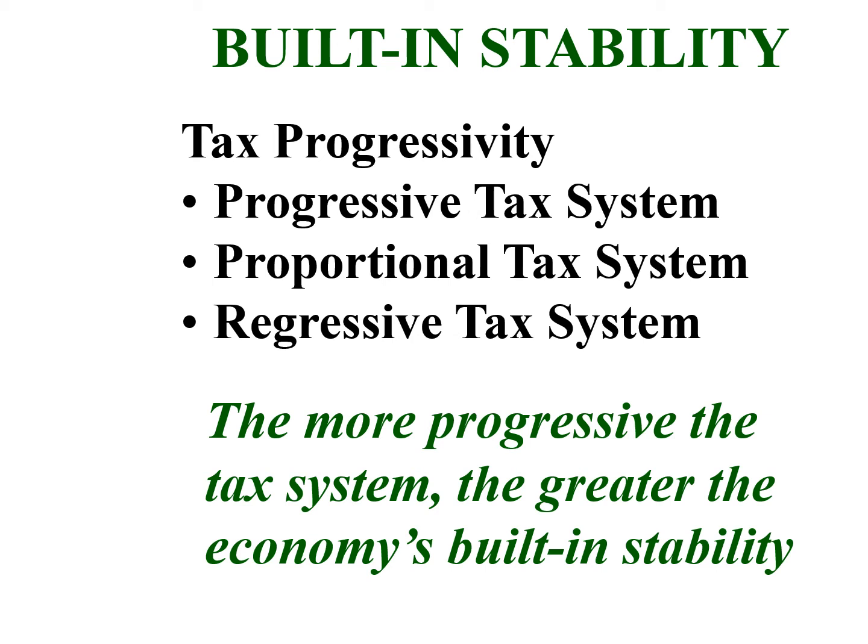But remember, everything in economics has a cost. A higher progressive tax system, which would definitely increase the level of built-in stability, would also slow economic growth over longer periods of time. So it's a trade-off.